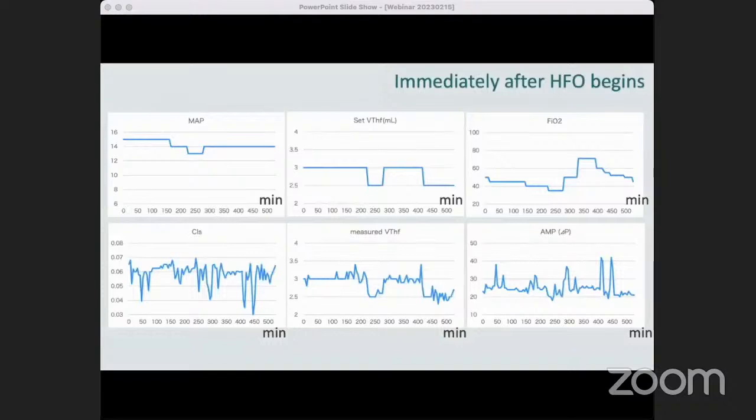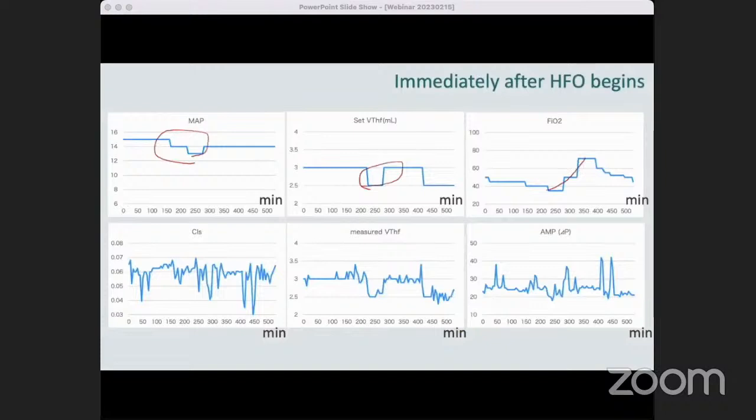The MAP was lowered based on the judgment that the patient's ventilatory condition was improving. The tidal volume was also lowered, resulting in a drop in SpO2. After that, the oxygen level, MAP, and tidal volume were increased again.